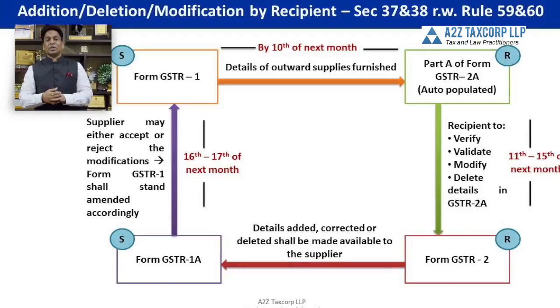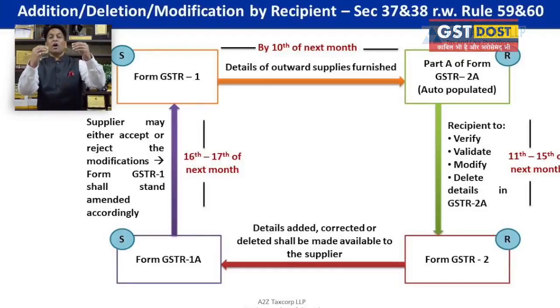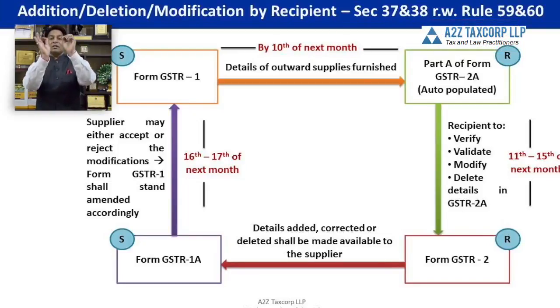Even though you can see such a transaction in your 2A while finalizing GSTR2, you can't take credit, because these are called the negative list of inputs or input services. Section 17(5) talks about food and beverages, outdoor catering, club membership, construction of immovable property, etc. You may see such a transaction even though the supplier uploaded the invoice particulars, which you could see in 2A, but you can't avail credit because these are the negative list of inputs and input services.